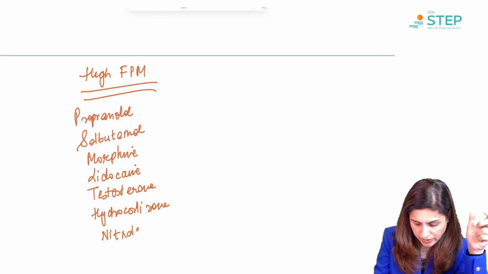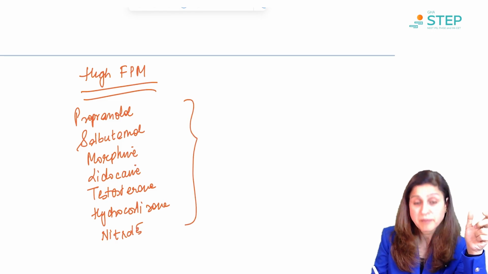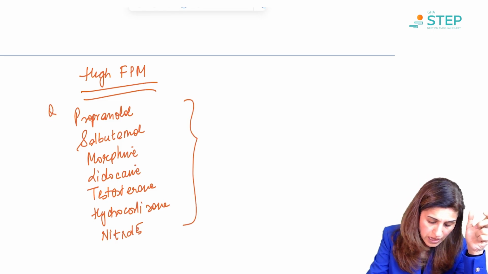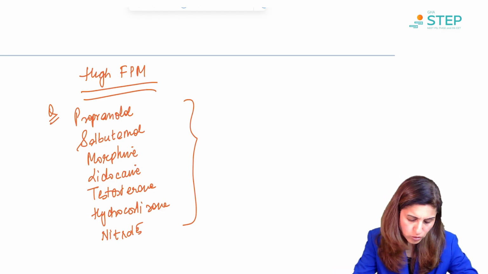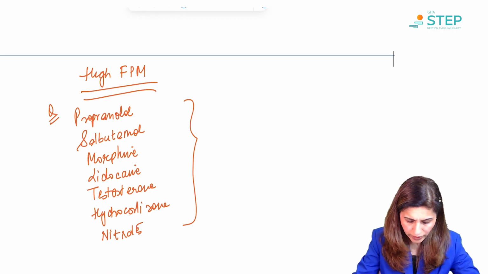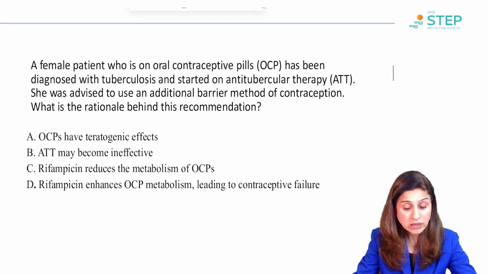All of them have very high first pass metabolism. This is also asked sometimes: which are the drugs which have high first pass metabolism? You should know about these examples, right? Okay, so moving on to the next one.